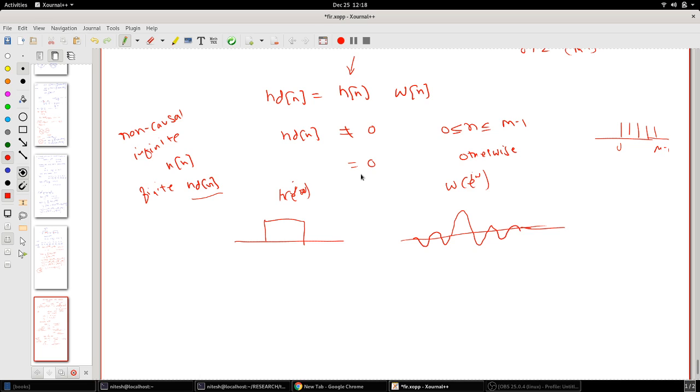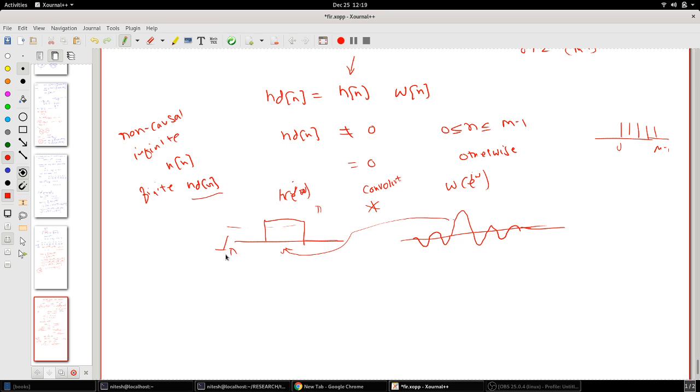So now if you see the multiplication in the time domain, you are multiplying these two sequences in the time domain. So this naturally will turn into a convolution operation in the frequency domain, right? So if I do a convolution operation, basically what I am doing is I am taking this particular figure and I am convolving over this particular period from minus pi to pi. So this is what I am doing.